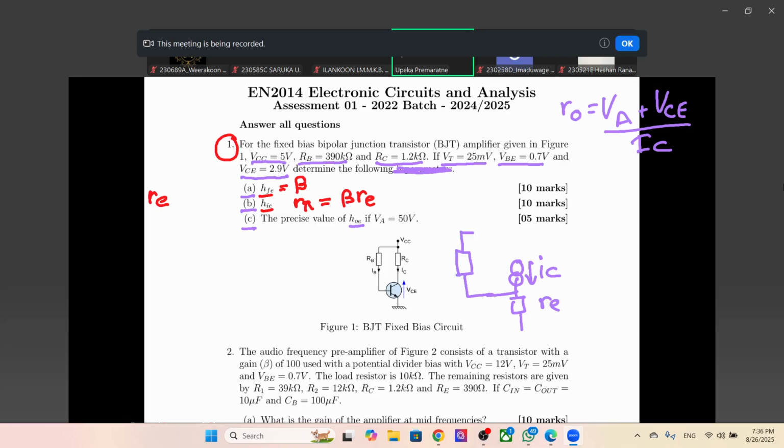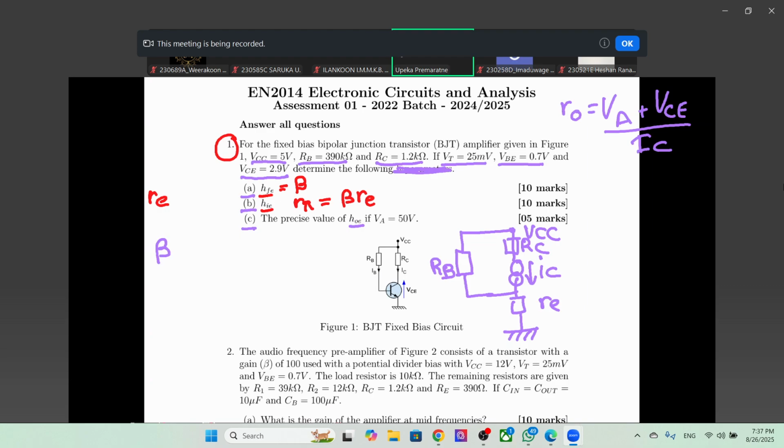Here is VCC, and this is grounded. RC here, RB over here. So first we have to calculate beta.